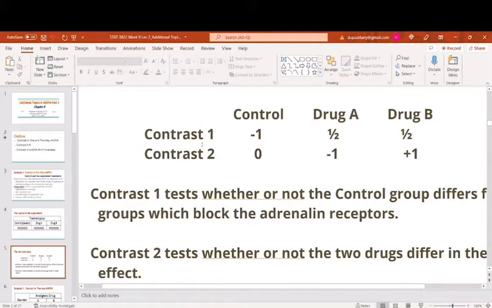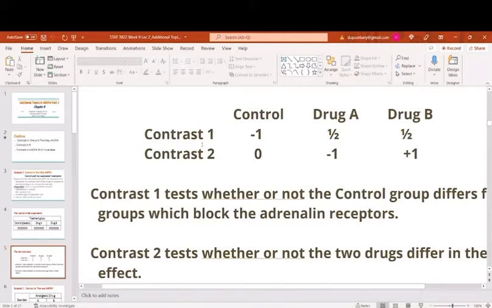These will be 1/3, 1/3, 1/3, and this one will be -1. Take note that when I add them together, they have to be equal to 0.